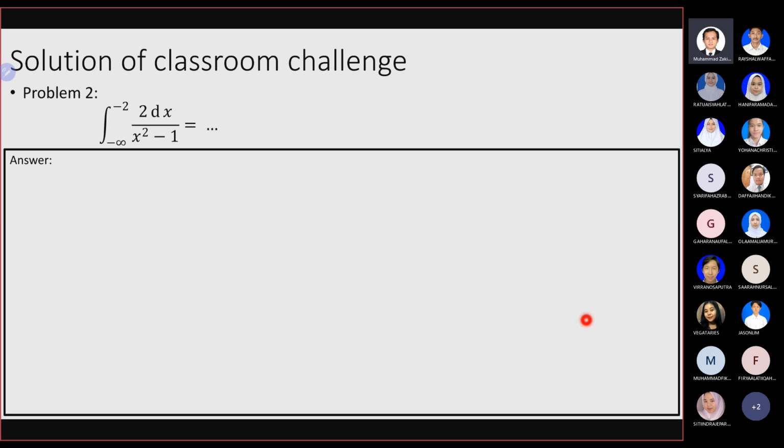For the next problem, first we have 2 over x squared minus 1 is equal to 2 over x plus 1 times x minus 1. We factorize the denominator, and then we do the partial fraction decomposition, which leads us to this form: something over x plus 1 plus something over x minus 1.